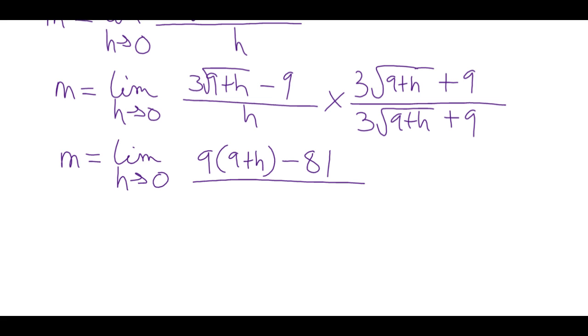Oh no, you don't, 9h. Let's do this. Okay, what do we get up top? 81 plus 9h minus 81, which is just 9h.